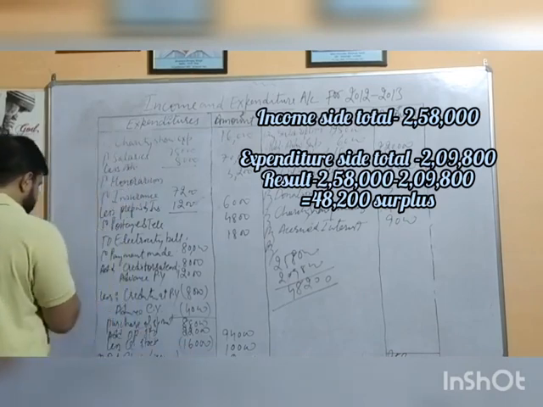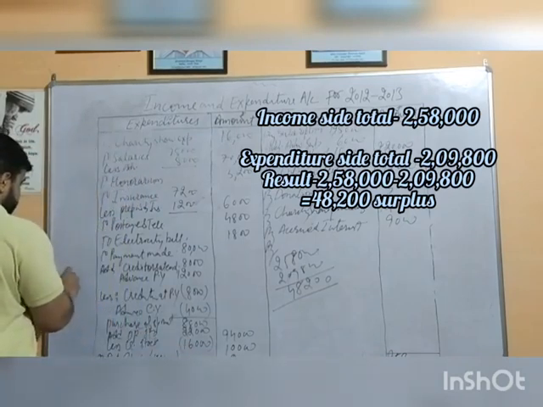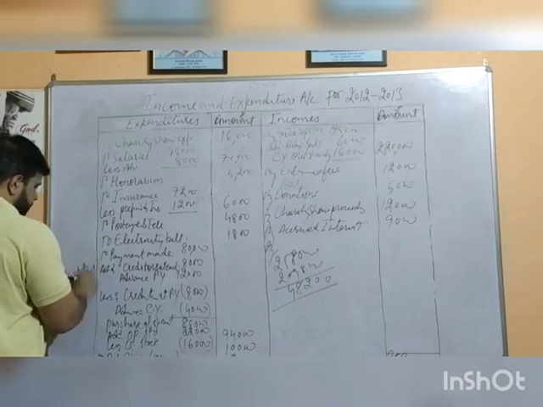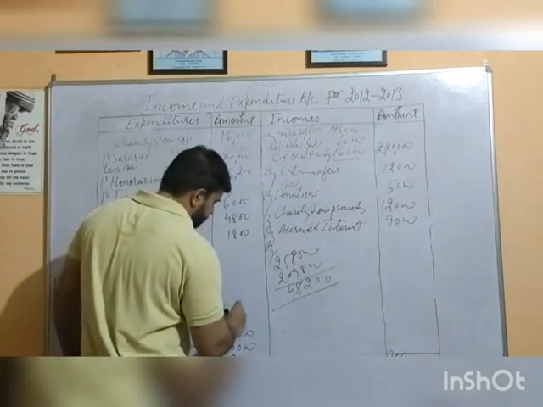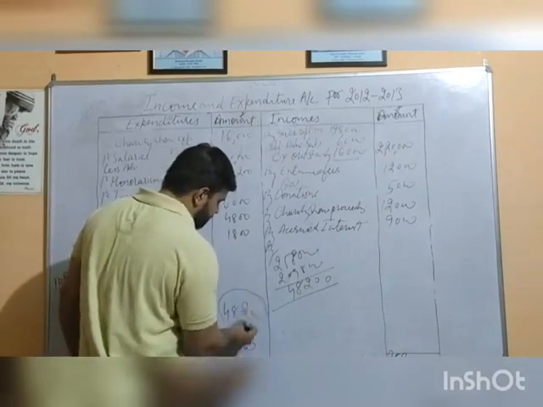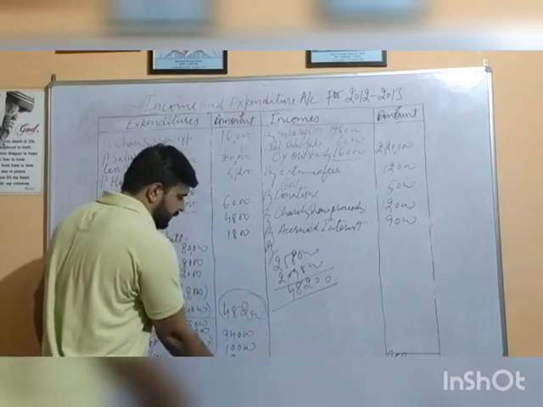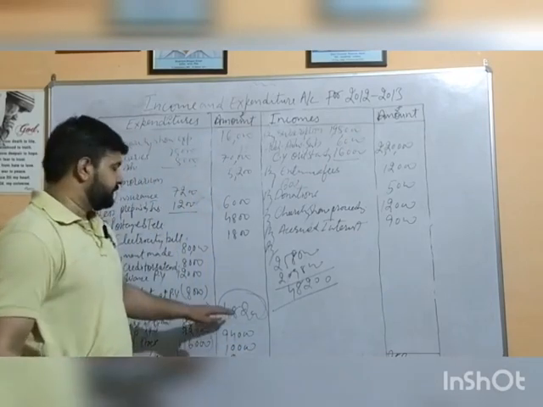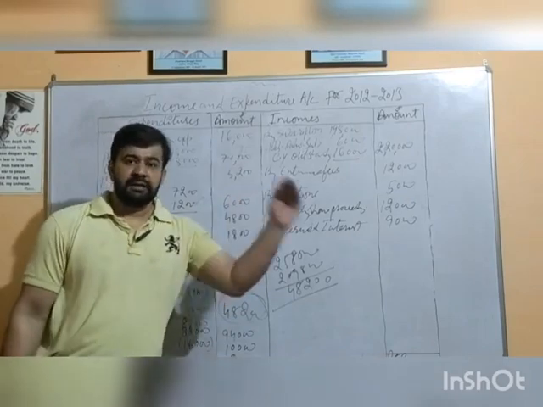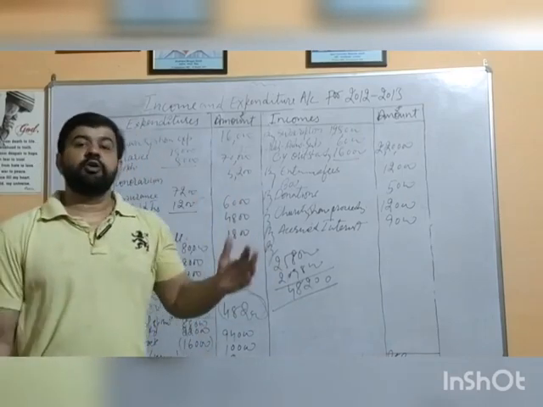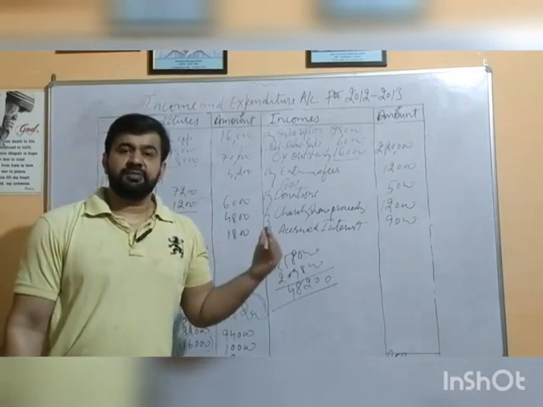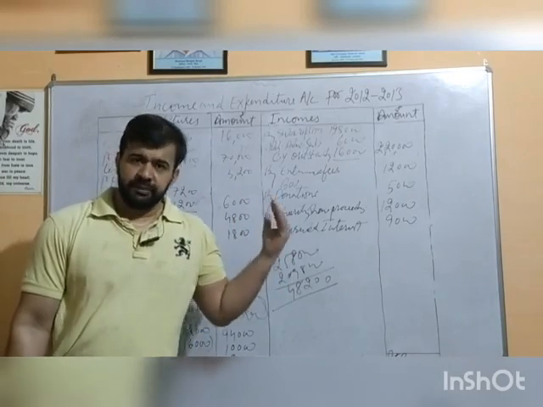Sorry, here is scarcity of space, so we will write it as surplus and show it as 48,200. At the bottom of all these figures, above total, we will write surplus, and this surplus will be added into the capital fund at the end of the financial year, that is on 31st March 2013.